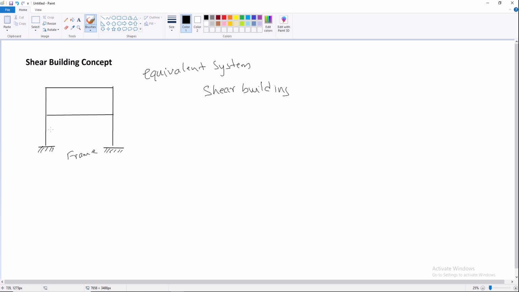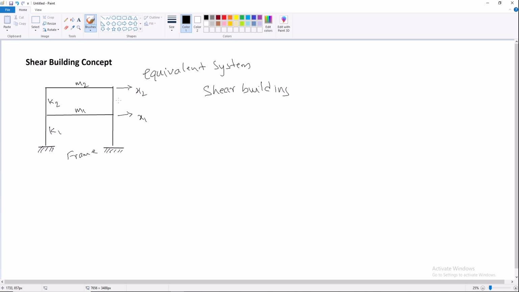In this frame, the column stiffness is considered, that is K1 and K2, and the masses at floor levels are lumped, which are M1 and M2. Because of this, horizontal forces are seen in the horizontal elements, and horizontal displacement is seen in the direction of x1 and x2.